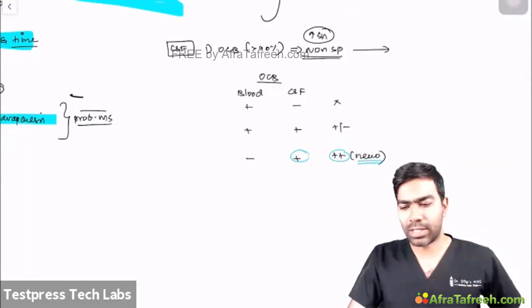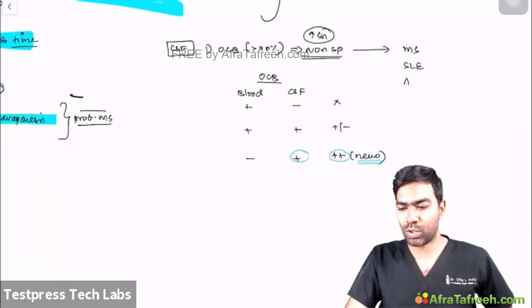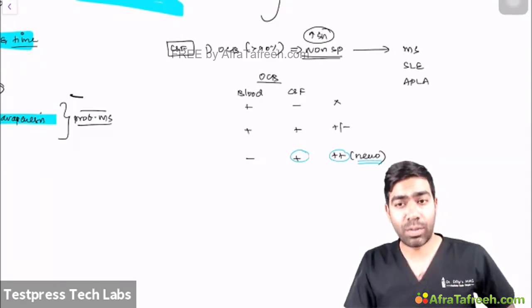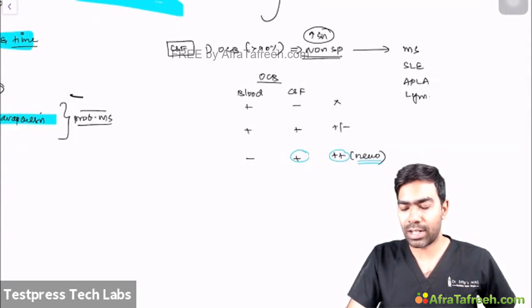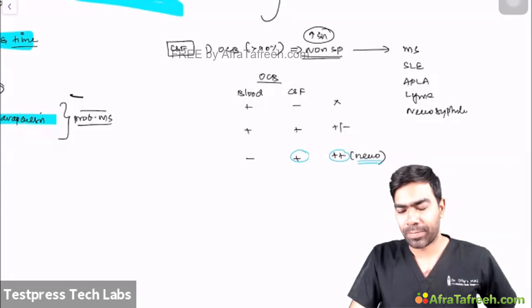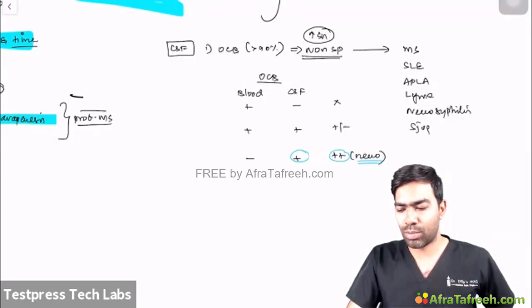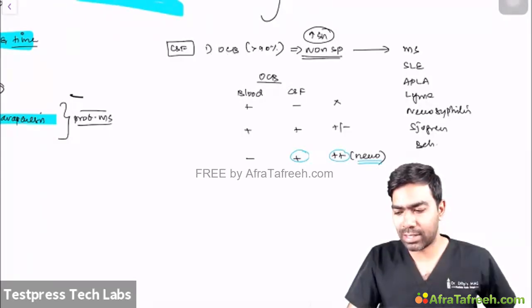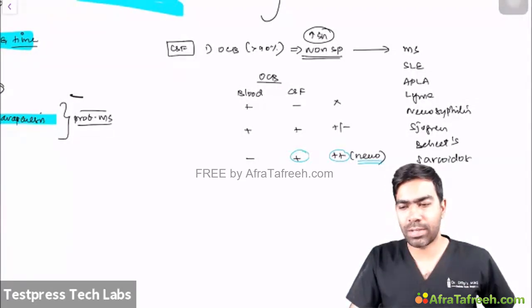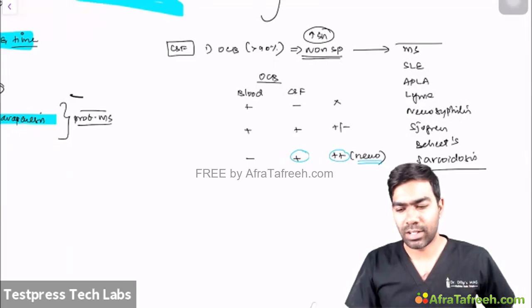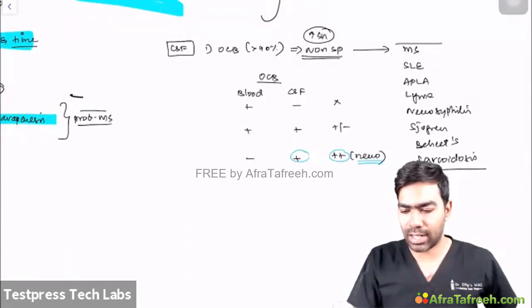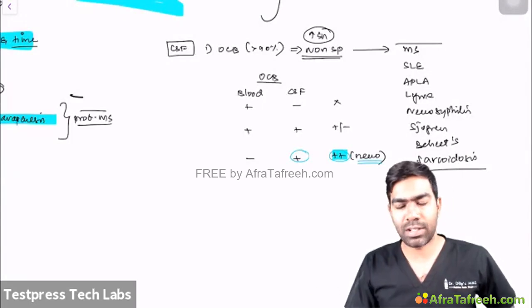Which means OCBs can be found in MS, in SLE-induced vasculitis and neurological damage, in antiphospholipid antibody syndrome, APLA syndrome, in Lyme's disease, in neurosyphilis, in Sjogren syndrome, in Behçet's disease, and also in neurosarcoidosis. So presence of OCBs only tells that the patient is having a neurological problem, but presence of OCBs cannot confirm that the patient has multiple sclerosis.